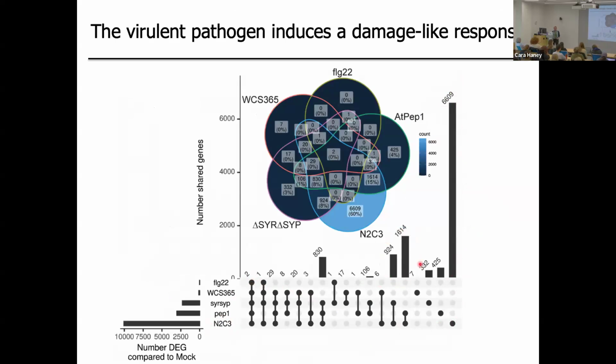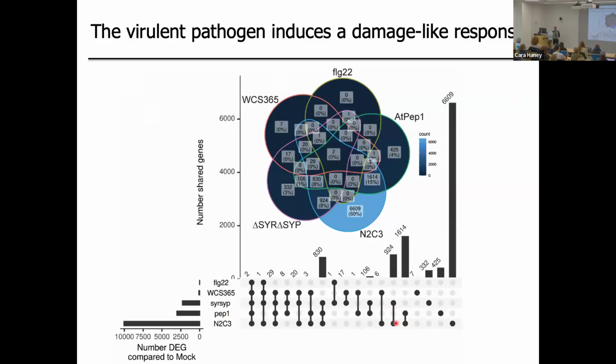If you look at these two bars here, which are sort of our next strongest groups that are in common, we have PEP1, which is a damage-associated molecular pattern. It induces a strong damage response, and it shares a lot of genes with our pathogen. So the second strongest, the strongest non-unique immune response overlaps with a damage response.